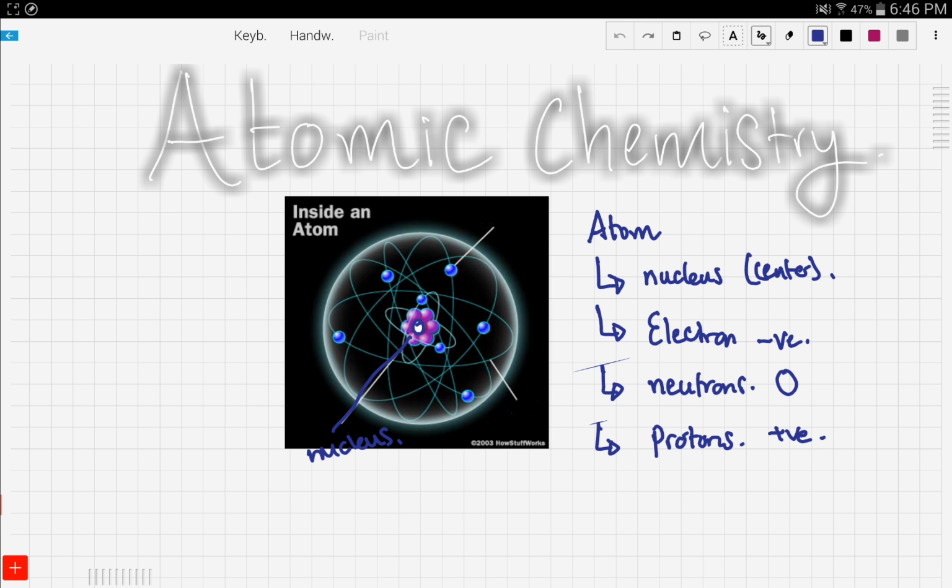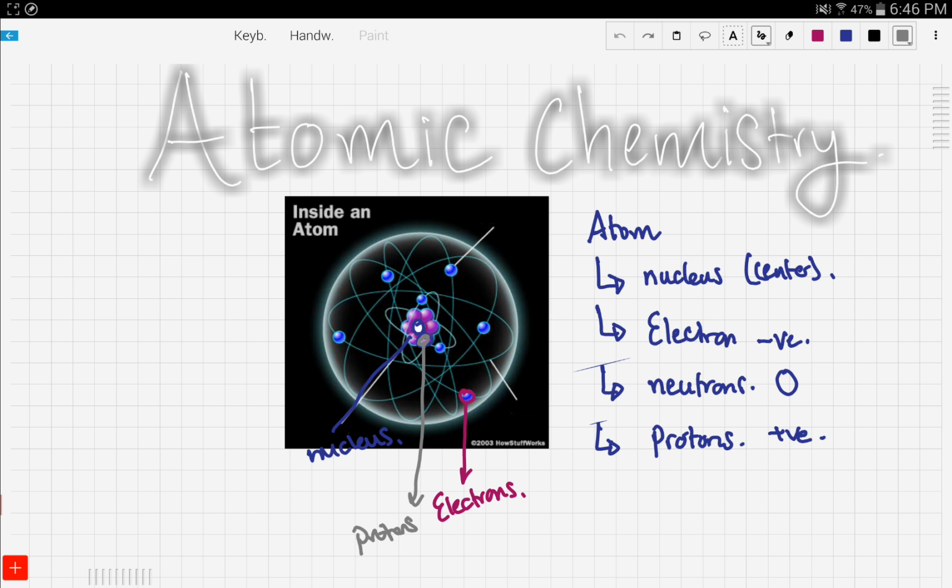Now let's label these on the diagram. These tiny outer particles are the electrons. And here, beside the nucleus, are the protons.